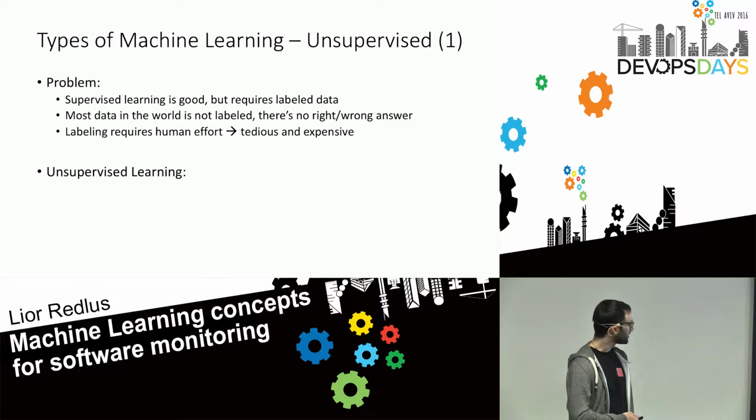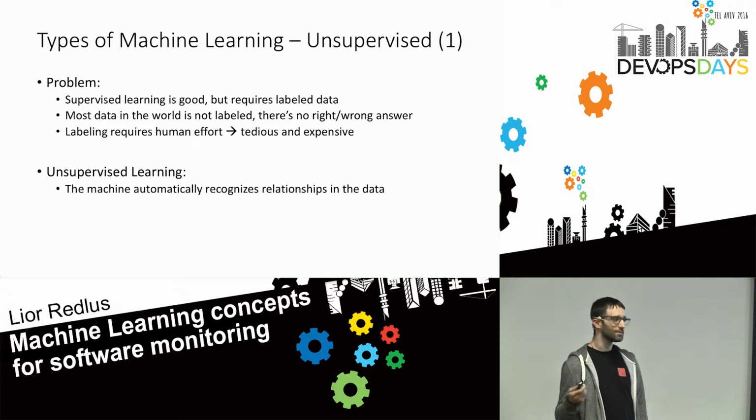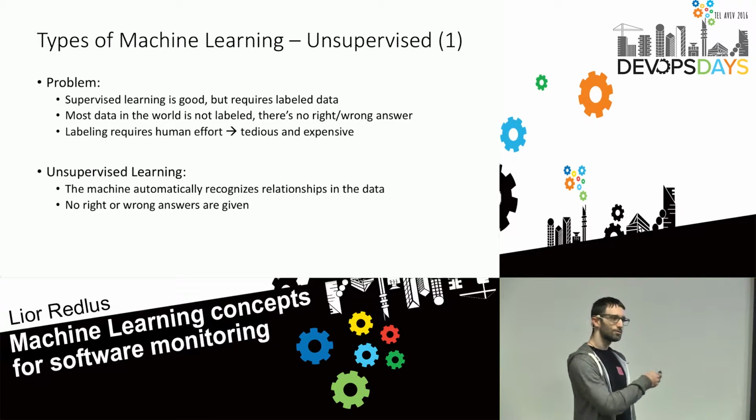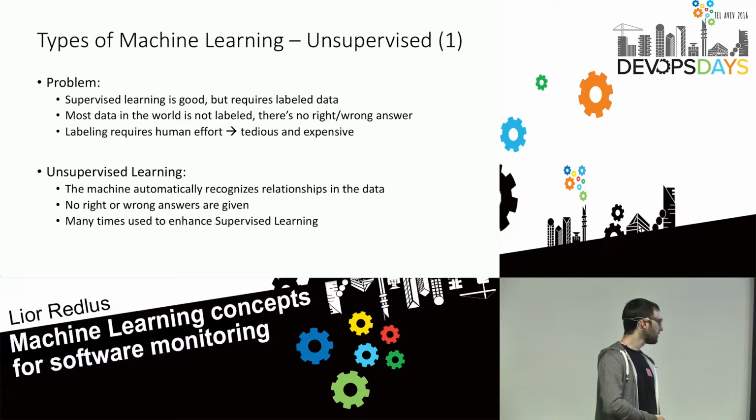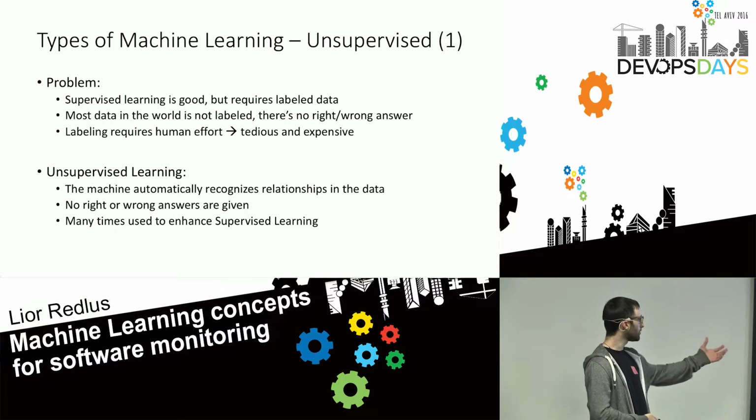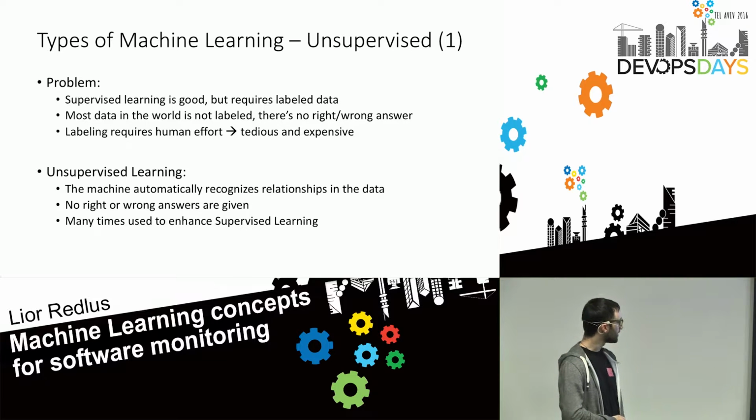In unsupervised learning, the machine automatically recognizes the relationships in the data, and it has no right or wrong answers. It does it automatically. And then we can use it in order to apply a supervised learning algorithm on the basis of the features that we've learned.